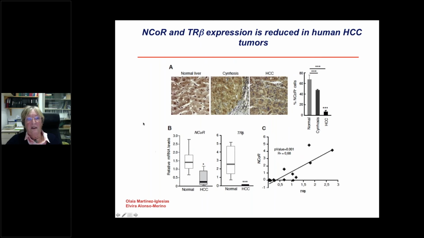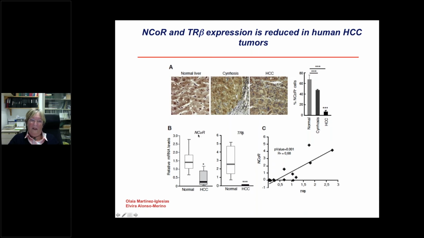And to see whether or not we could find any of these changes in human tumors, we looked at the expression of NCOR in normal liver, in the cirrhotic tissue that surrounds the tumor, and in hepatocarcinoma human tumors. We could observe that most of the liver cells express NCOR, but NCOR expression is almost absent in hepatocarcinoma specimens.